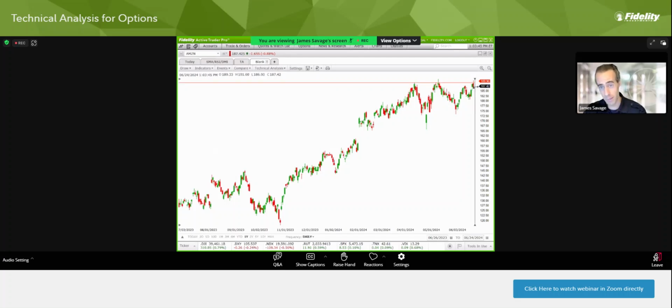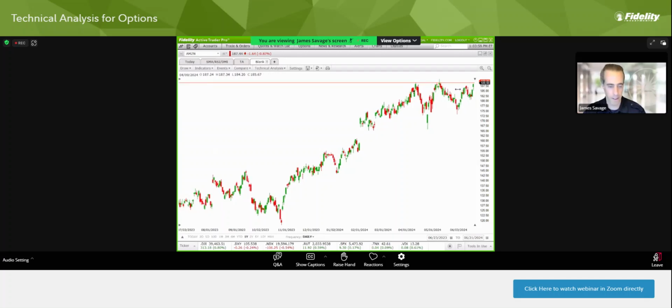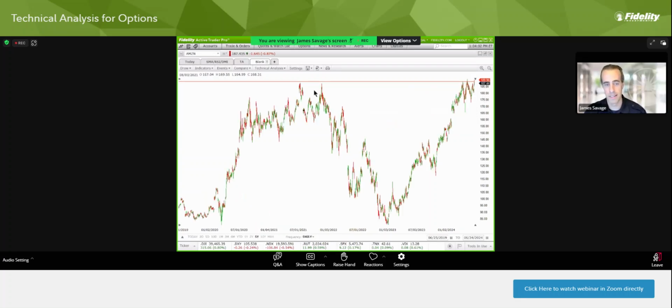Maybe they're not expecting the breakout. Of course, the trader that went long call, maybe expecting a breakout on Amazon when we approached it, might not have made money. But that bearish neutral trader can use this to make money. And Amazon, not only in this short-term perspective, has been stuck at this level for some time.